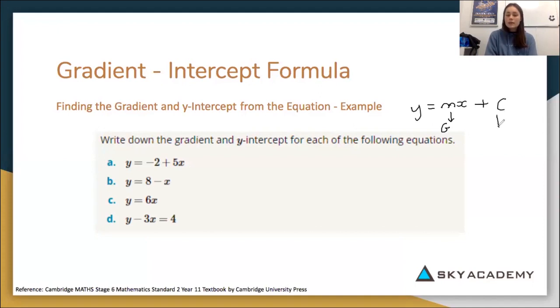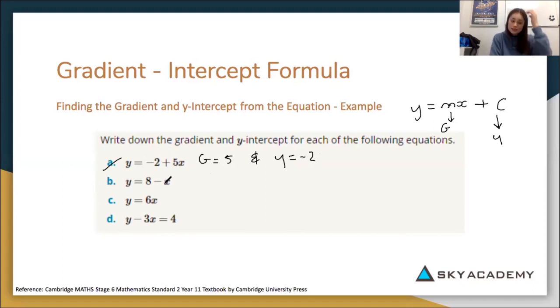If we have a look at the first question, A, we have negative y equals negative 2 plus 5x. Whatever number is hanging on to the x is going to be our gradient, so our gradient is going to equal 5. And whatever is left hanging by itself is going to be the y-intercept. Then if we have a look at question B, whatever is next to the x is going to be our gradient.